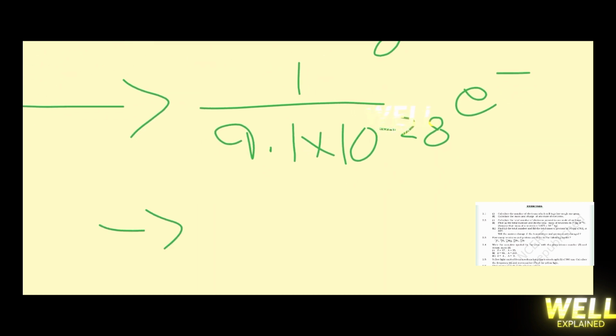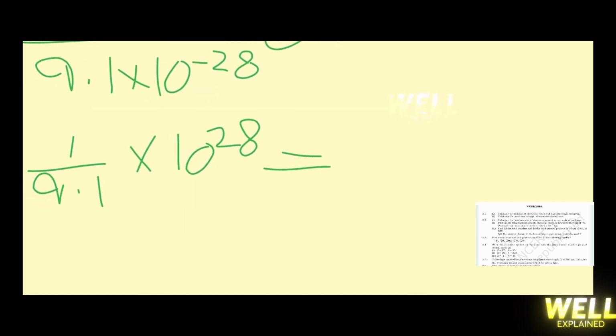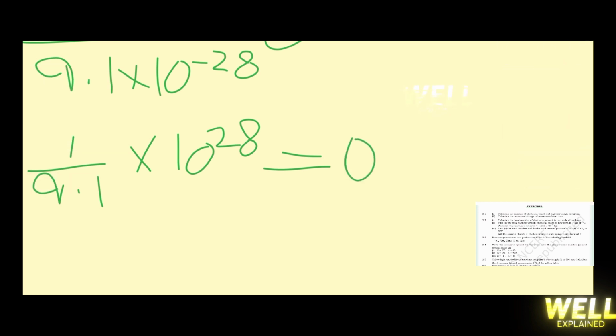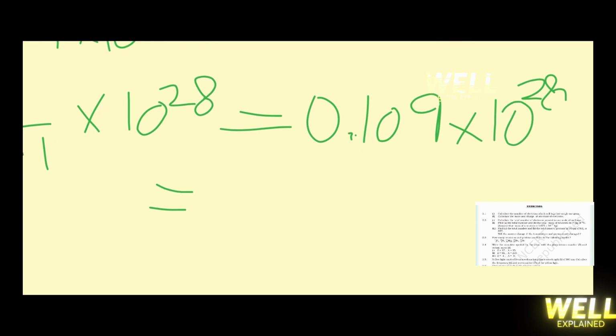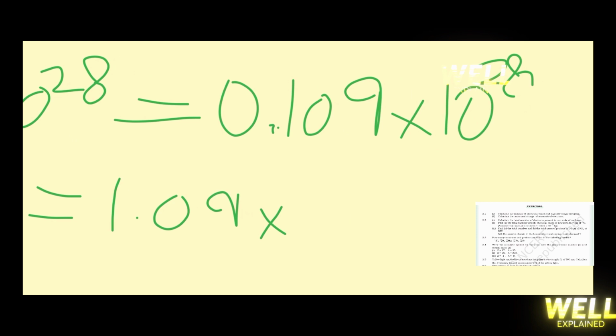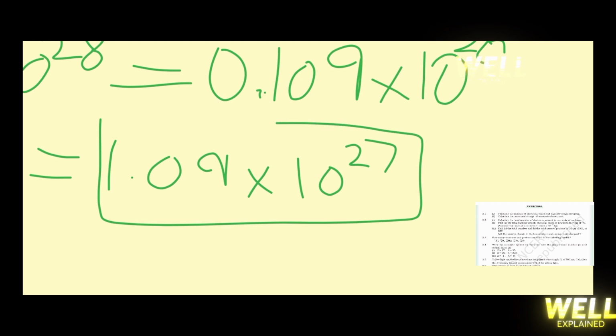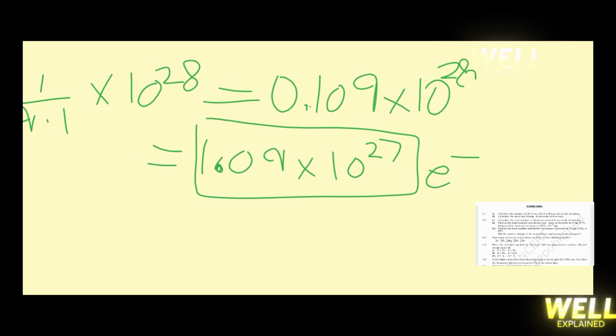On calculating this, I will have 1 upon 9.1 into 10 to the power 28, which is equal to 0.109 into 10 to the power 28, which I will have as 1.09 into 10 to the power 27. So this is our answer. 1.09 into 10 to the power 27 electrons.